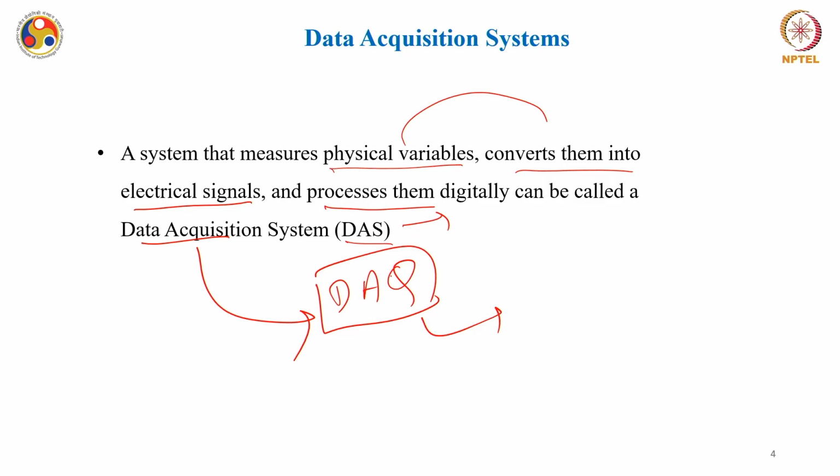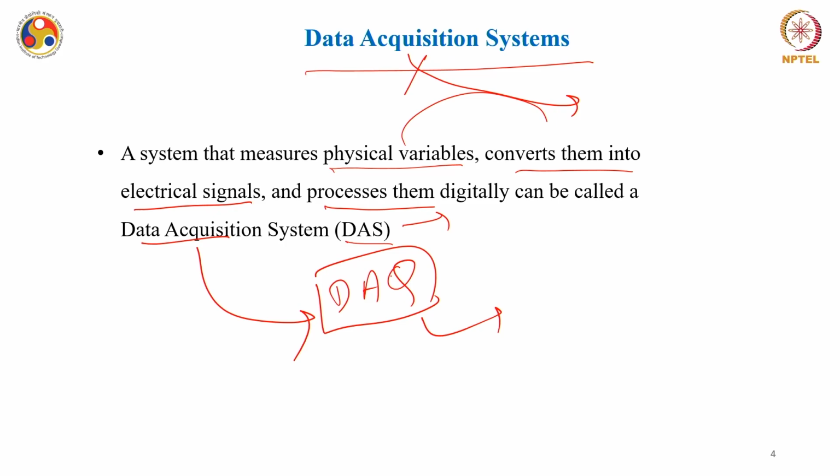Now, the term data acquisition system has an emphasis on acquisition, but this can sometimes be misleading. The idea is not only to acquire the data, but to convert it into an electrical signal as well as to process it. Just acquiring the data is sometimes not sufficient.